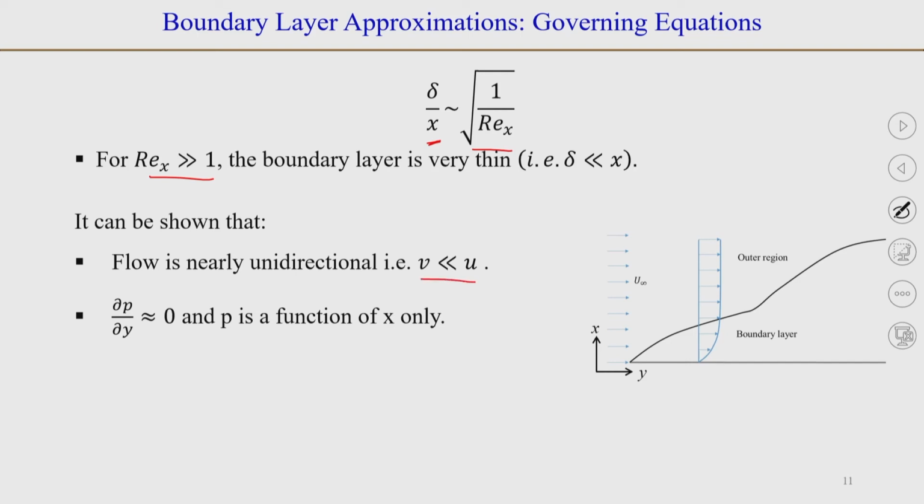From the continuity equation we can show that v is very small when compared with u. And using the y momentum equation, it can be shown that all the terms in the y momentum equation are of the magnitude delta by L or less, or delta by x and less. So, dou p by dou y is negligible, which means that p is not a function of y. So, p is a function of x only, and in place of dou p by dou x in the x momentum equation, we can write dp by dx.